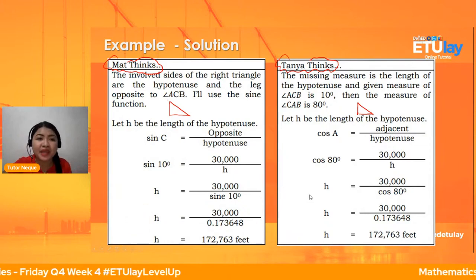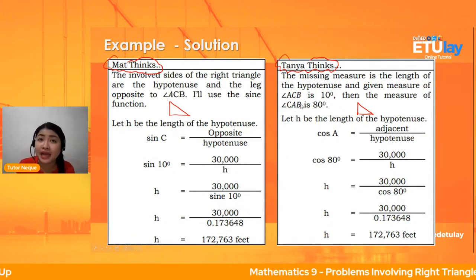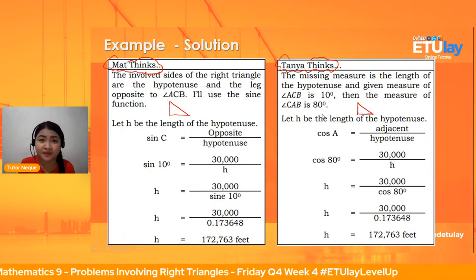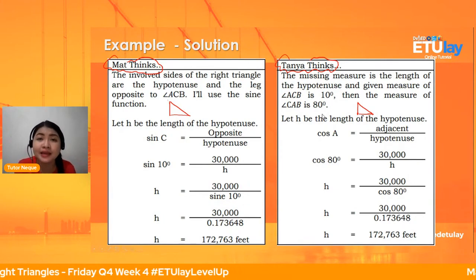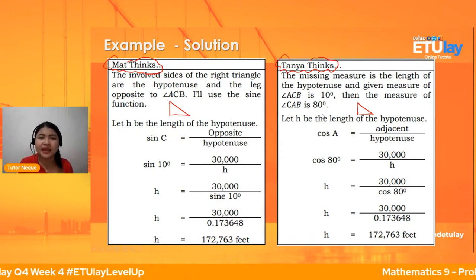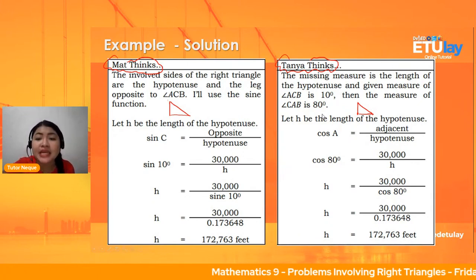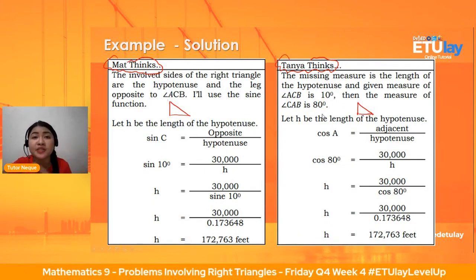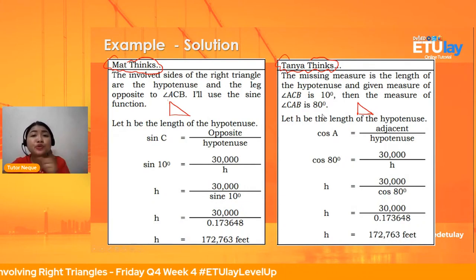So, Matt thinks pwede niyang gamitin yung sine, and then Tanya thinks pwede niyang gamitin yung cosine using the 80 degrees. Pero teacher, di ba mas madali, meron ng given. So, yun na yung gagamitin. Yes, pwede mo nang kagad gamitin yung sine function. Alright? And you will arrive with the same answer, 172,763 feet.